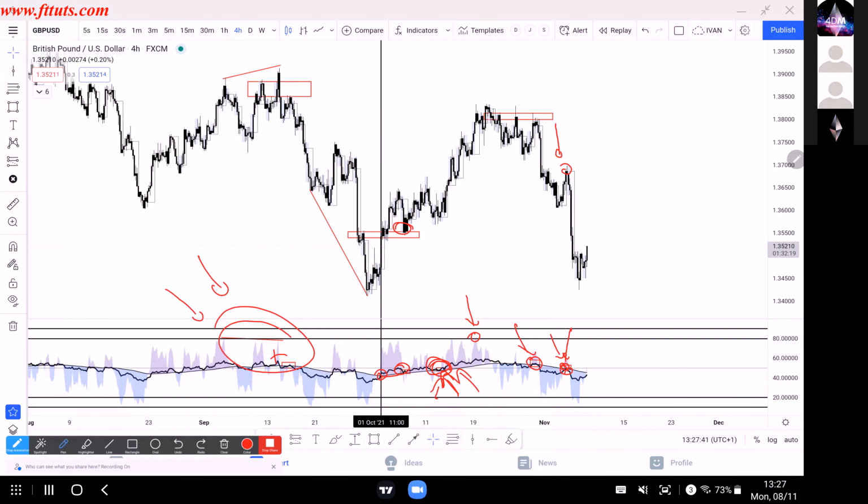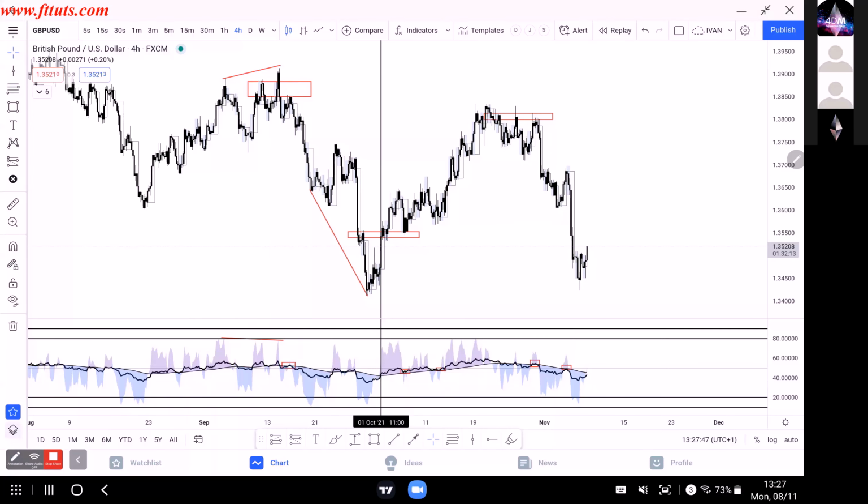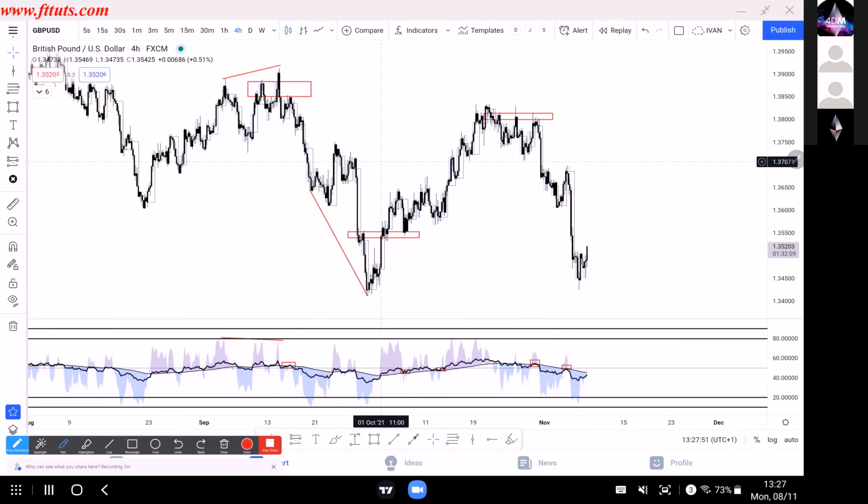Hey, Ivan, I got a question really quick. Yeah, sure. So with this 4D indicator Evan was talking about, when he told us to get a couple different indicators on our TradingView, he put on a volume indicator.